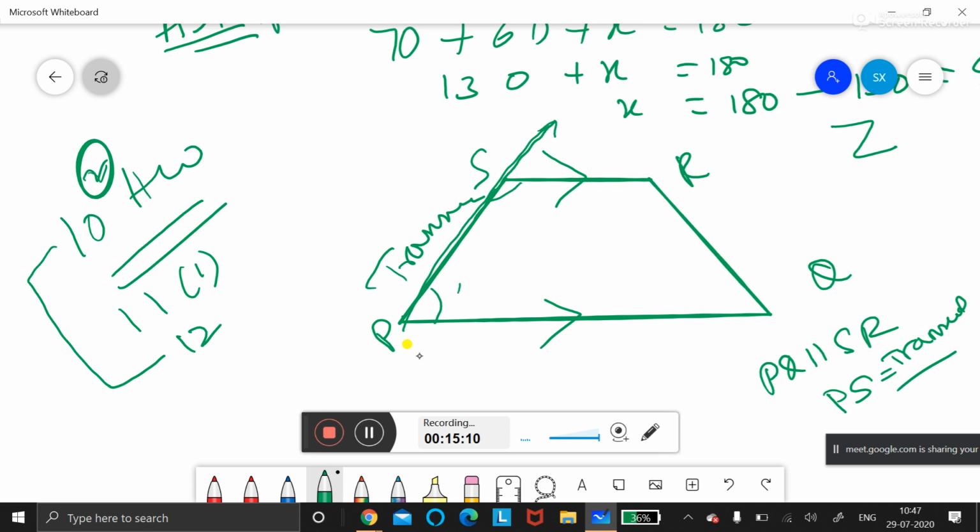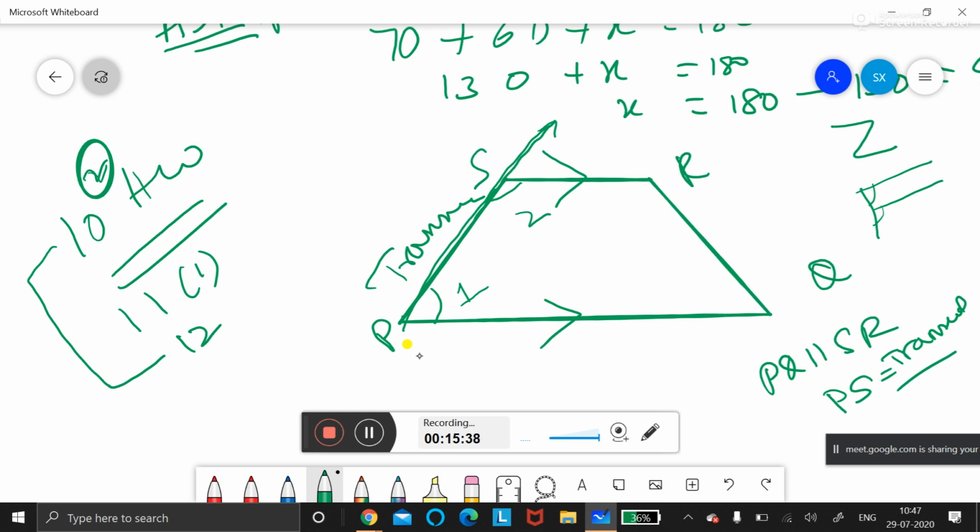Can anybody remember from 7th standard? Angle 1 and angle 2 are called what? Corresponding. Corresponding should be F shape. Linear pair, adjacent angles.